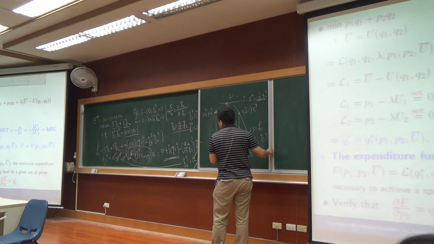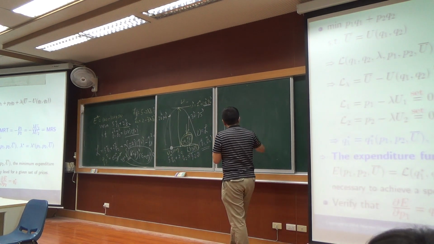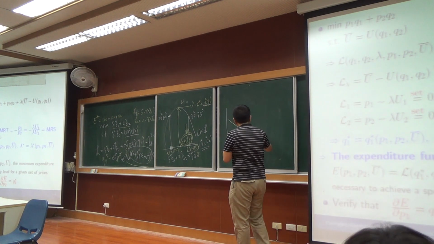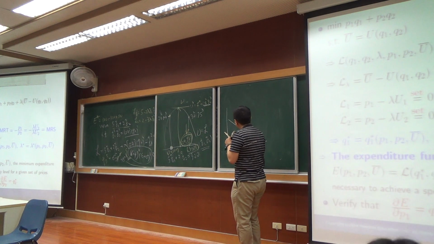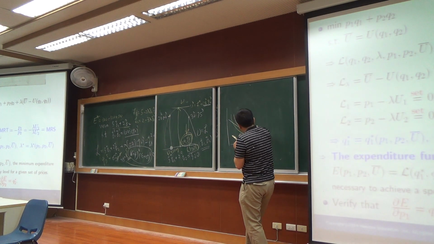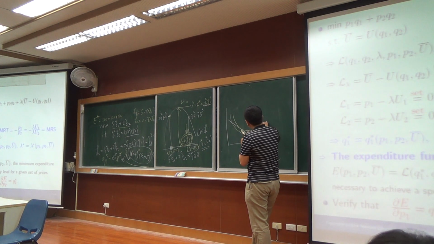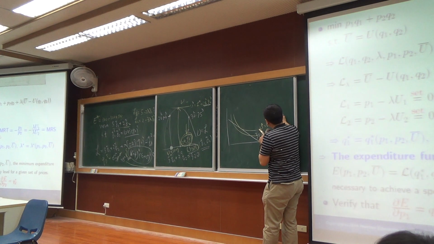So what happened here is, if I give you a $300 budget constraint, and you try to maximize your utility, you may reach the utility of 24 to the power of 2 and 90 to the power of 3.